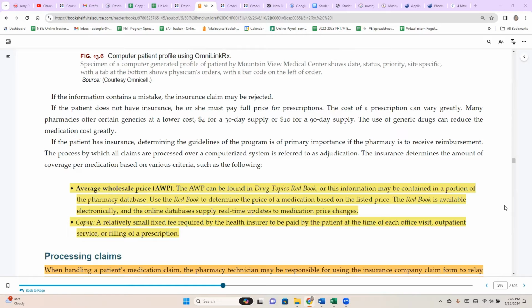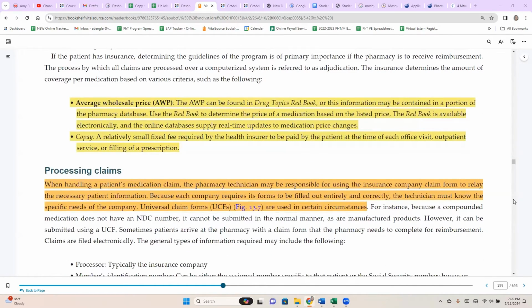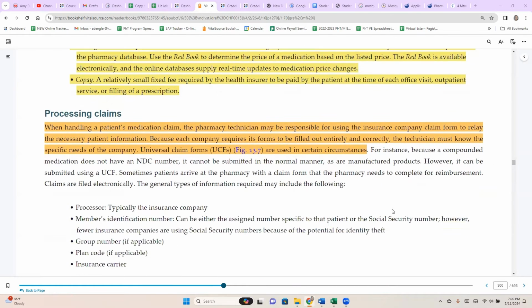Use the Red Book to determine the price of a medication based on the listed price. The Red Book is available electronically, and the online database supplies real-time updates to medication price changes. Copays, a relatively small fixed fee required by the health insurer to be paid by the patient at the time of each visit, outpatient service, or with a prescription.